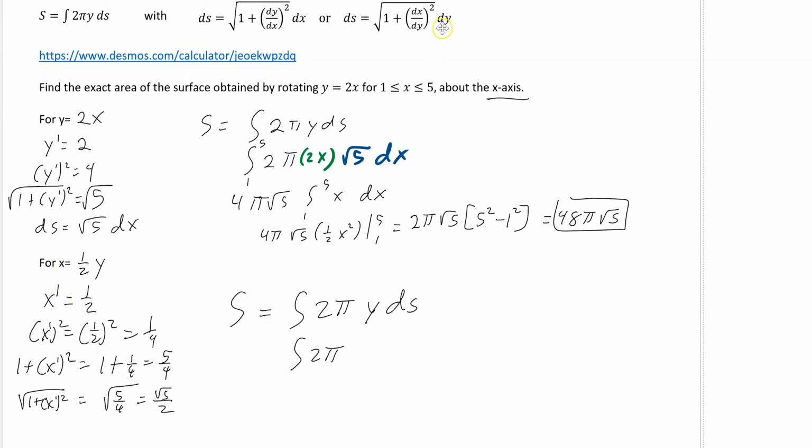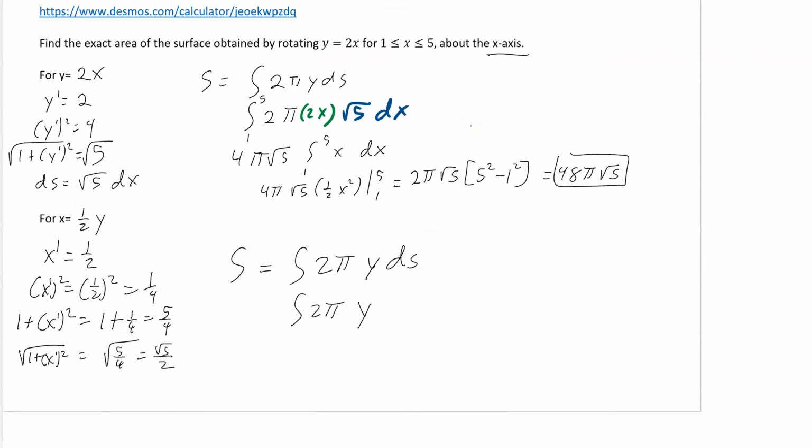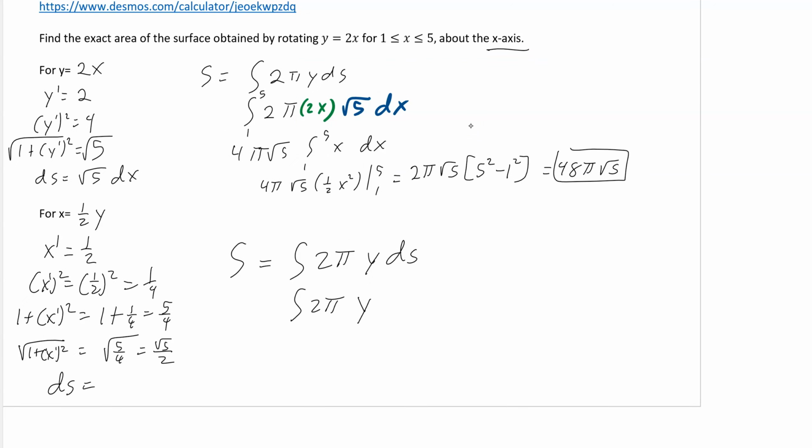And so we're going to end up with a dy. You see how they match right here? Since we took this with respect to y, that's a dy when we would find that formula. So we leave the y alone. And so what this becomes is our ds equals rad 5 over 2 dy, since we took the derivative with respect to y. So we end up with rad 5 over 2 dy.